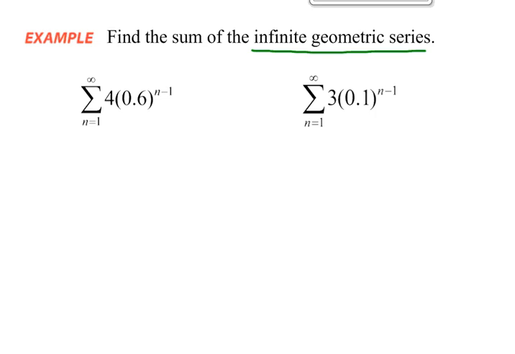When you look at our first example right here, notice the sigma notation. It starts at n equals 1, and on top is the symbol for infinity. Well, that sigma notation means find the sum of the first infinity terms. We know infinity goes on forever, so that is a dead giveaway that, again, we have an infinite geometric series.